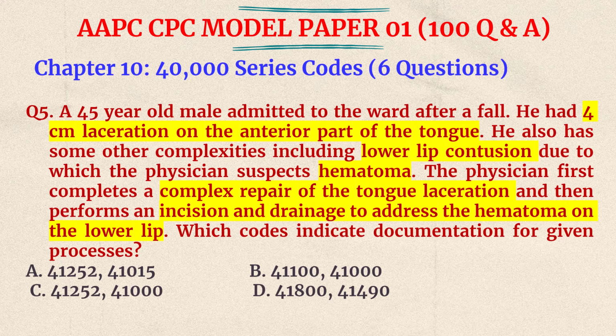So when you see the codes, there are two codes for two procedures. All are in the 41000 series. So you can use the elimination method to find the answer. For the first procedure, complex repair of tongue laceration, you can see answers 41252, 41100 and 41800. So let's check the answers.